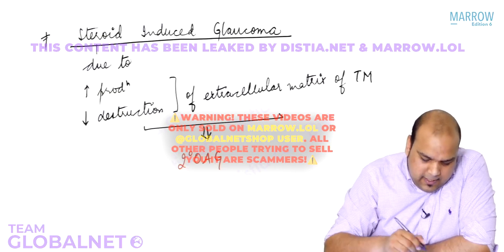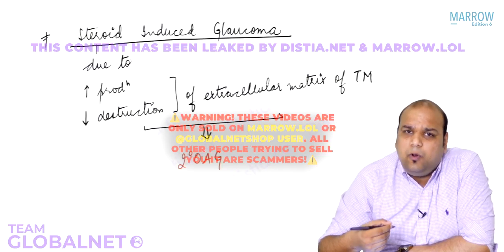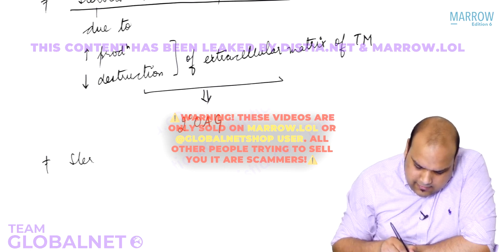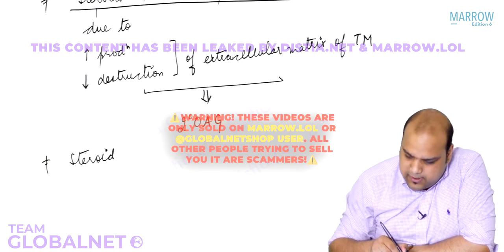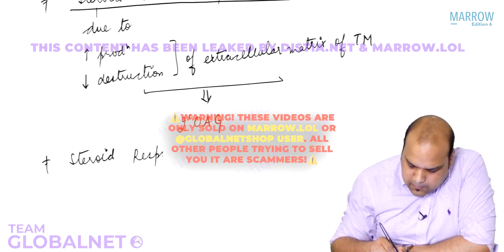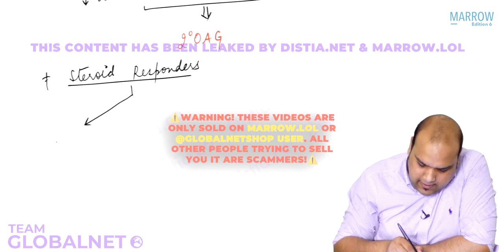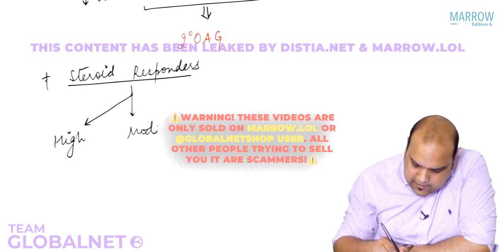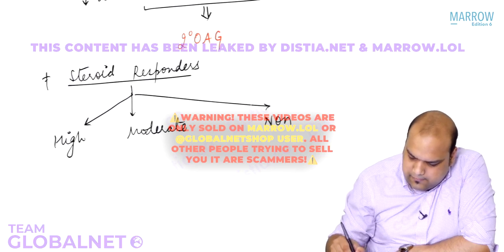Now, it is not that everybody who is being given steroids will develop glaucoma. We say that there are some people who are called as steroid responders, some called as non-responders. So steroid responders can be grouped into three everybody: high responders, moderate responders, or non-responders.